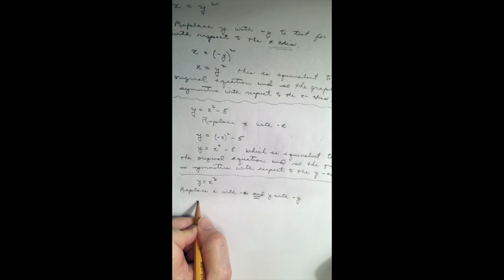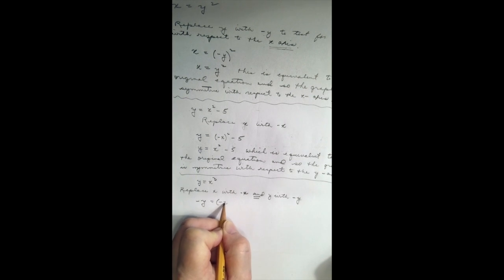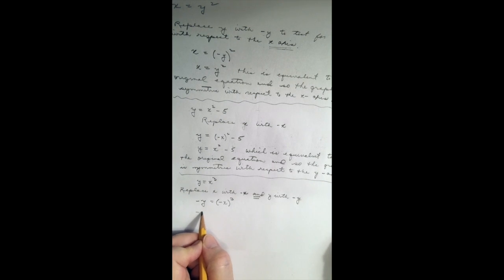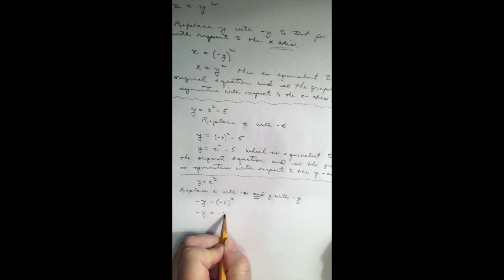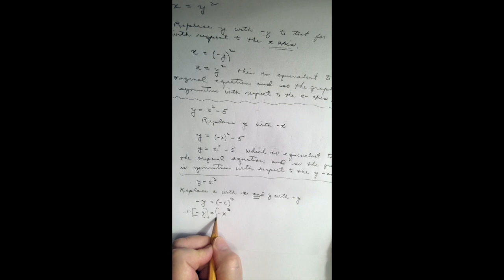And so we'll have negative y equals negative x cubed. And now, can we make this equivalent to the original? Well, yes, if we multiply both sides by negative 1, we get y equals x cubed.